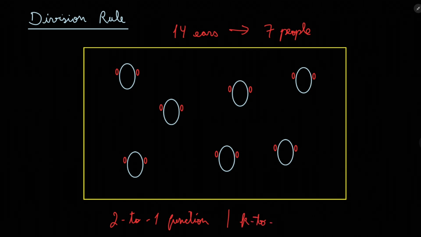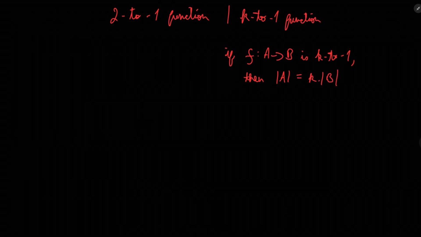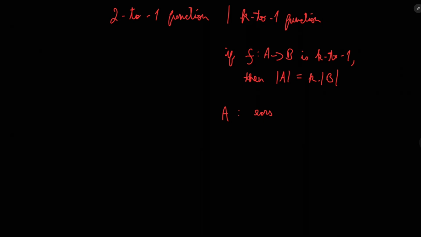We can say that a k-to-1 function maps k elements of the domain to every element of the codomain. Now, what the division rule says is, if f from A to B is k-to-1, then the size of A equals k times the size of B. In our example, A is the set of ears in the room, and B is the set of people in the room.